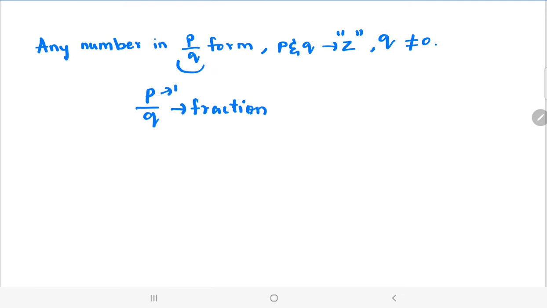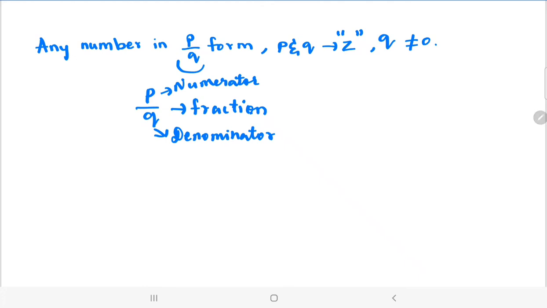So this is known as the numerator. The upper part of the fraction is known as the numerator and the lower part is known as the denominator. Right? You might have learned this in your previous classes.